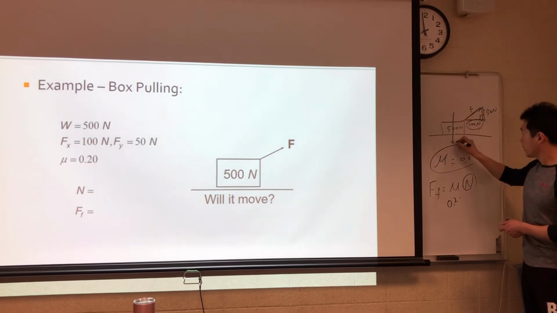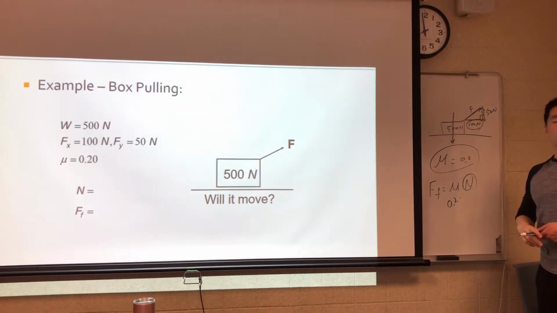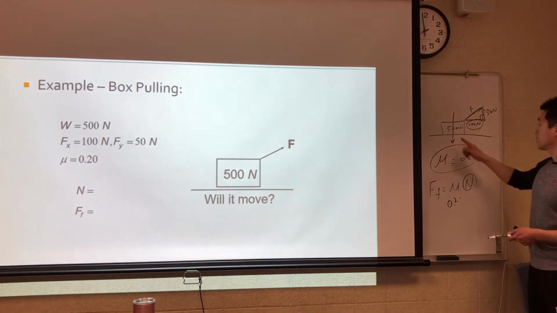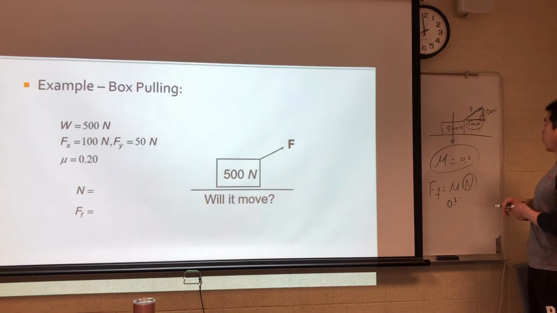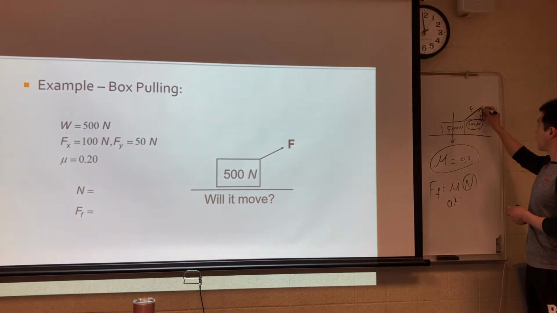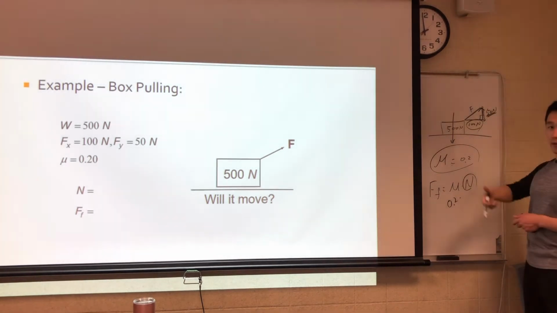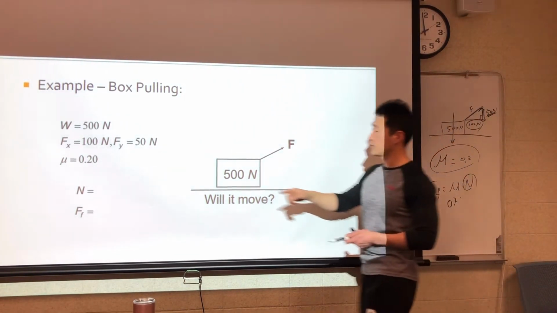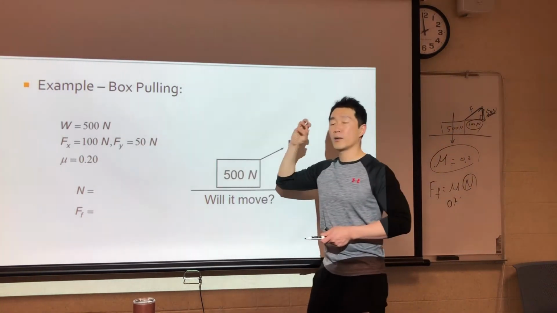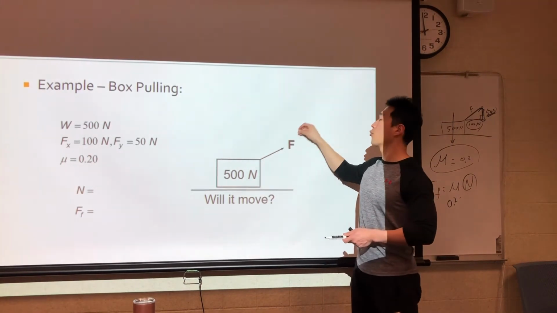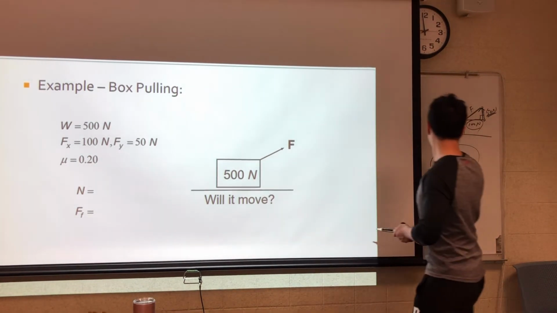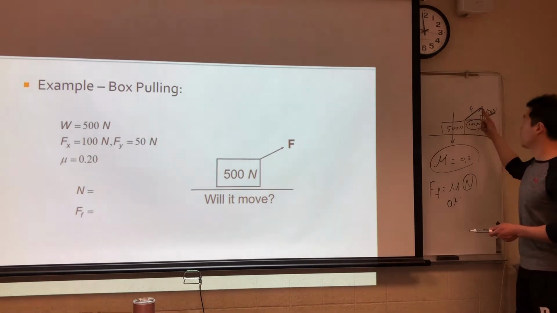And here we have one more vertical component besides this one, which is coming from my force acting vertically up. Since I'm pulling this box diagonally upward, this one is acting up, 50 Newton.